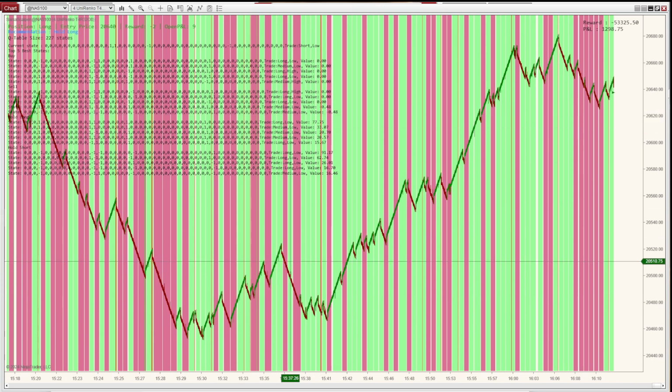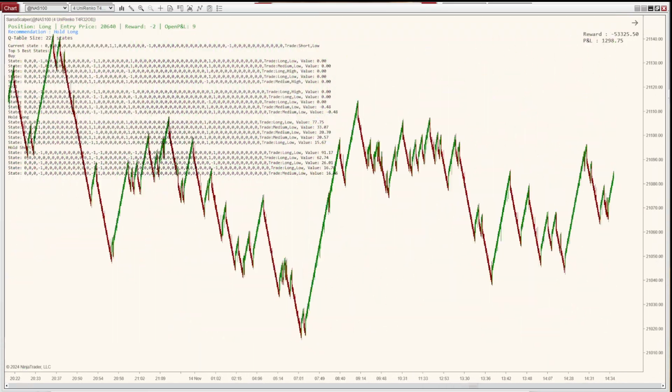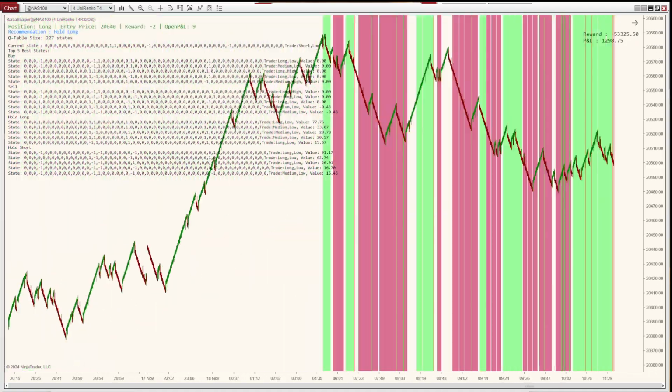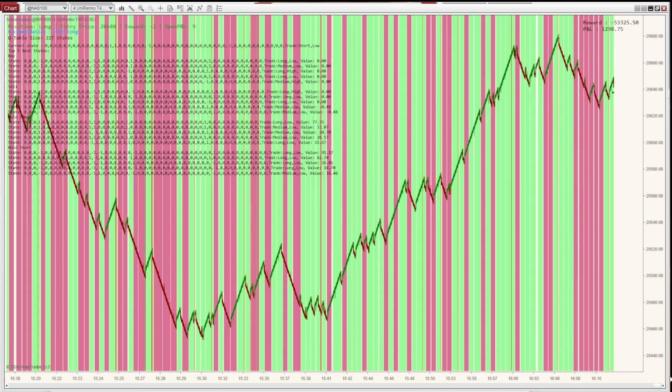It's only been running for a few minutes, so it hasn't particularly learnt a lot. That's the empty chart from there through to here, so it hasn't been running long. Backtesting is not a quick process here.